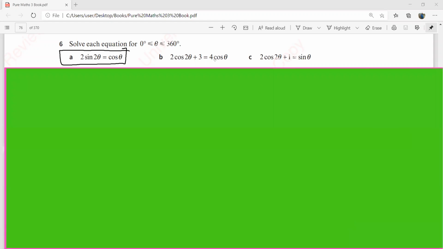Okay, look at this C part. In this C part, you have 2 cos 2 theta plus 1 equal to sine theta. So remember, your cos 2 theta has two faces.